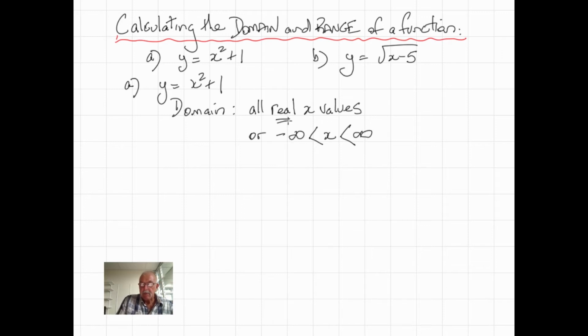Now, I might just indicate here what we mean by real. When we look at our number system, one way of looking at it is that we can classify the first real subdivision of our number system into two basically families: the real numbers and the imaginary numbers.